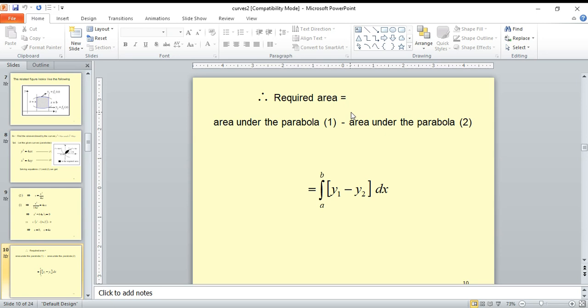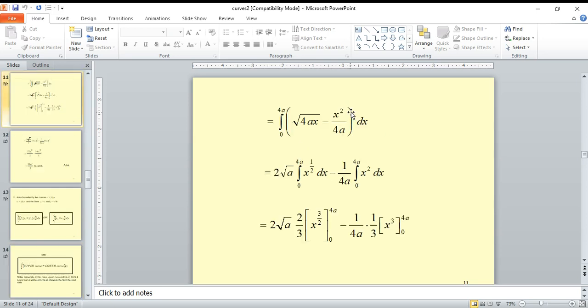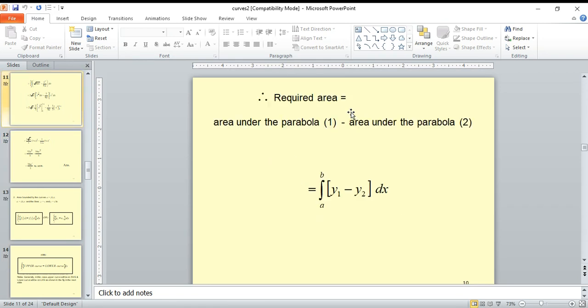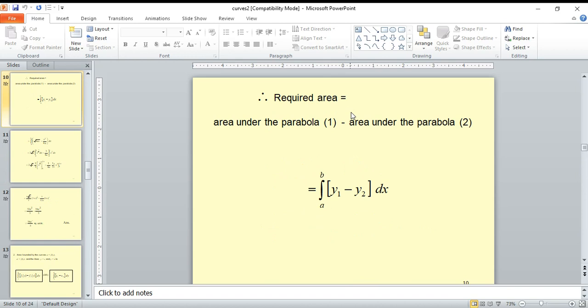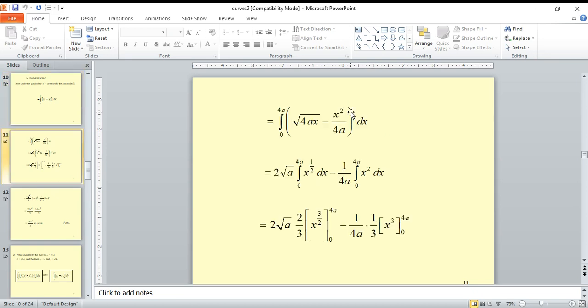From equation 1, integration a to b means integration from a equal to 0, b equal to 4a, integration 0 to 4a, y1 equal to, from equation 1, y equal to under root of 4ax, minus from equation 2, y equal to x square by 4a, dx. That is, upper curve minus lower curve. Here y square equal 4x is the upper curve and x square equal 4ay is the lower curve, upper curve minus lower curve dx.